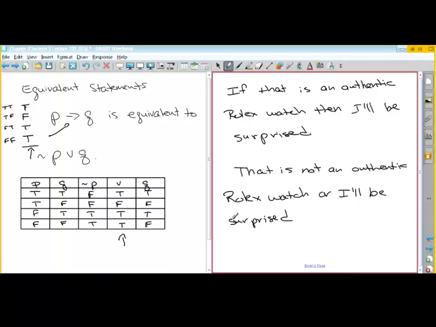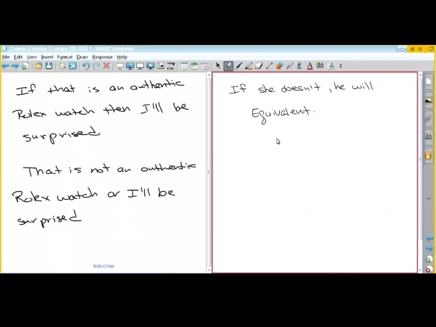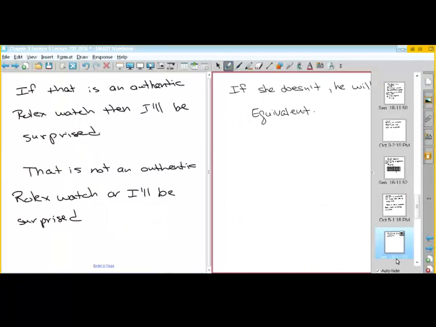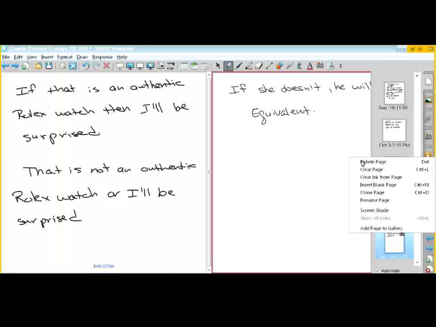So I'm making it a negation. Those two statements should be equivalent to each other. I think they are. That's another example. We're not going to do that one.